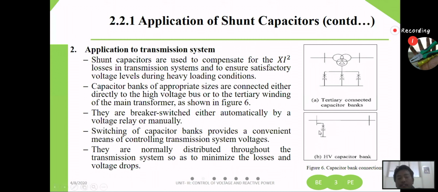By connecting a capacitor we compensate the losses. How? We minimize the voltage drop in the transmission line. This is how we can use the capacitor in a transmission system. Are you able to get this? These are the two applications of the shunt capacitor.